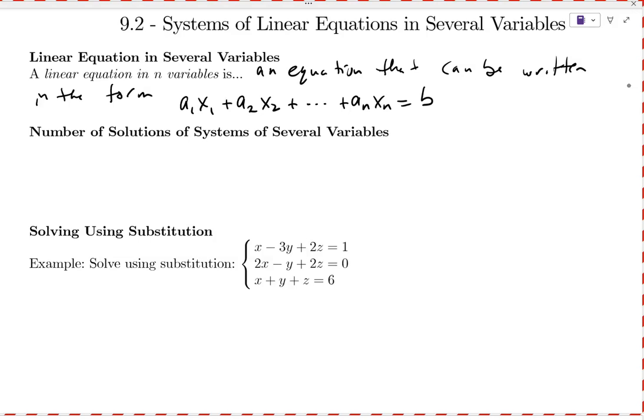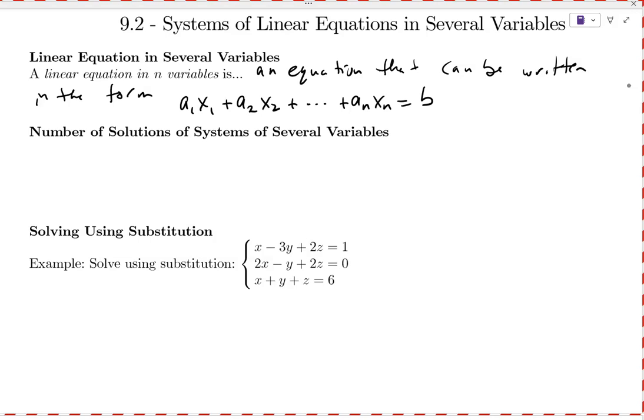So the n variables that we have in this equation are just represented by x1, x2, x3, and so on up until xn.